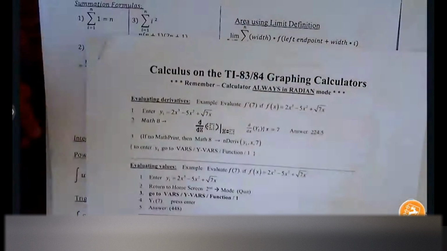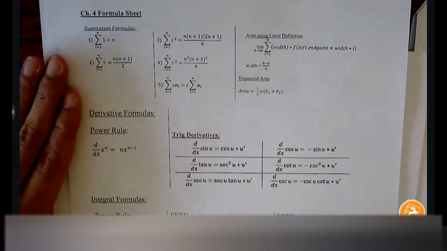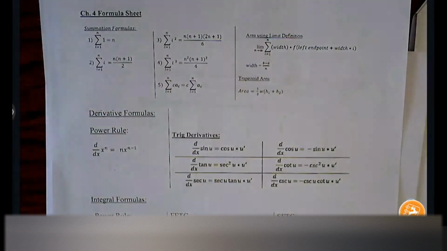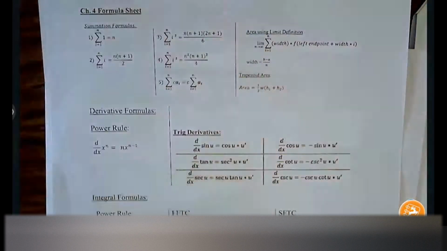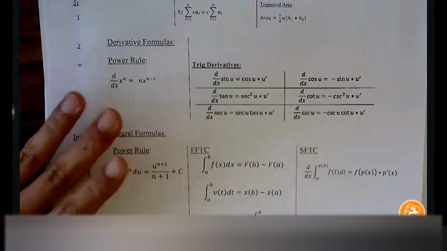A couple of things that I also included under today's link is this formula sheet. I will include this as an additional page on your test. So if you're here taking the test, you'll get your test, and I'll give you these formulas, and I'll go over some of these.